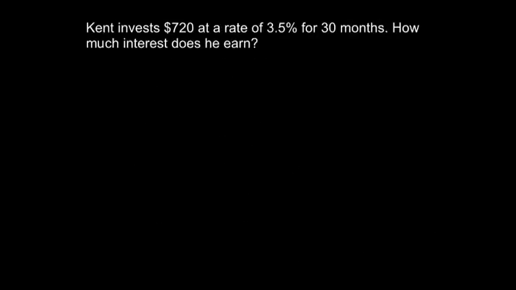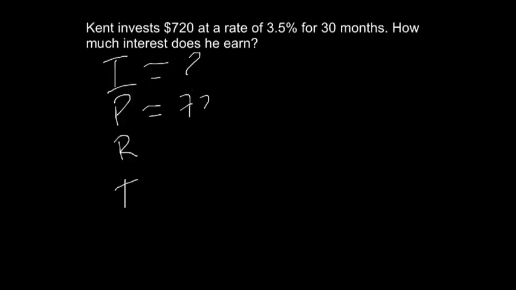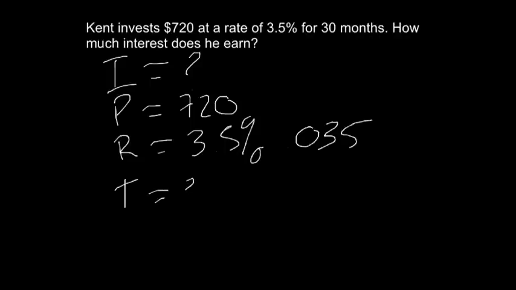Kent invests $720 at a rate of 3.5% for 30 months. How much interest does he earn? So I have I, P, R, T. I is the interest I don't know. Principal is the $720 I initially invest. Rate is the 3.5%, which as a decimal is 0.035. And time is 30 months, which equals 2.5 years.